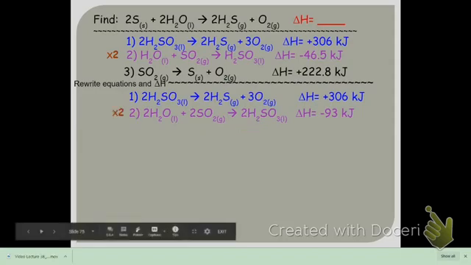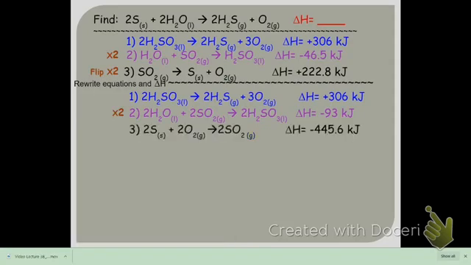And our third, we had to flip and multiply by 2, and that's what they did. They flipped it and multiplied it by 2. Our reactants became the products. Our products became the reactants, and we had to multiply it by 2 distributively. So we have 2 S solid, 2 O2 gas, 2 S2O2.